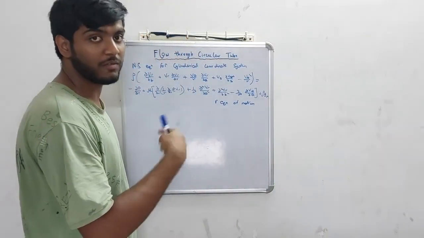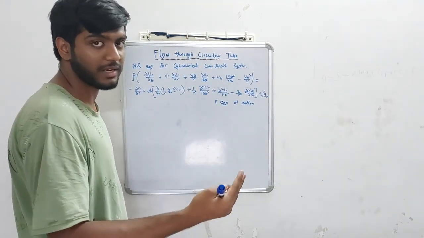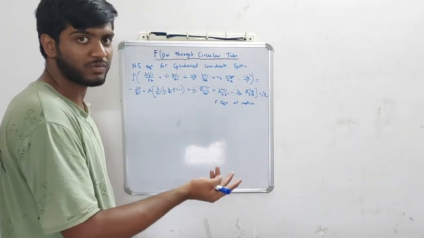So this is the r equation of motion. Our flow is only in the z direction, so this equation is of no use for us.